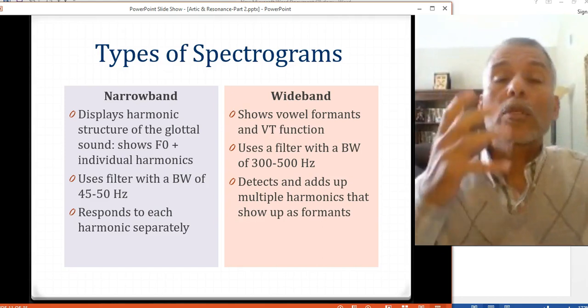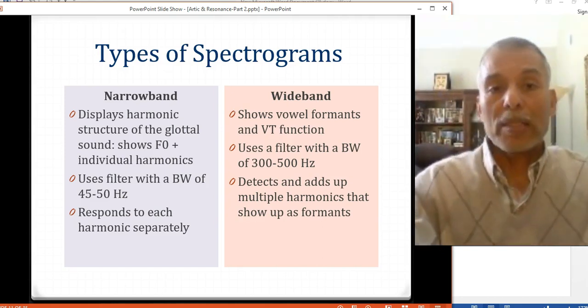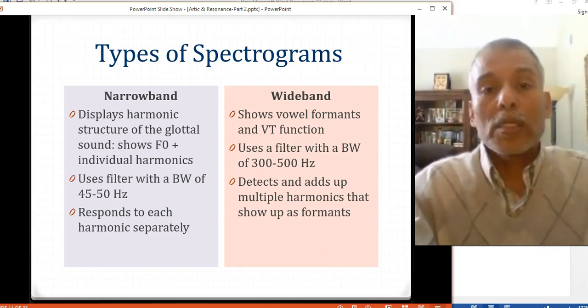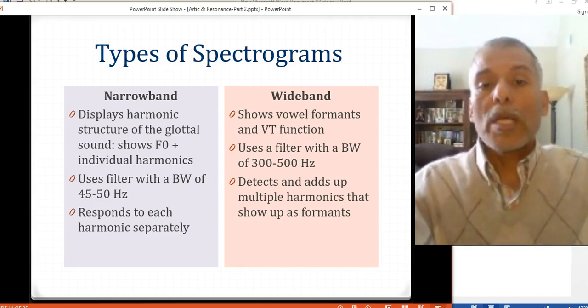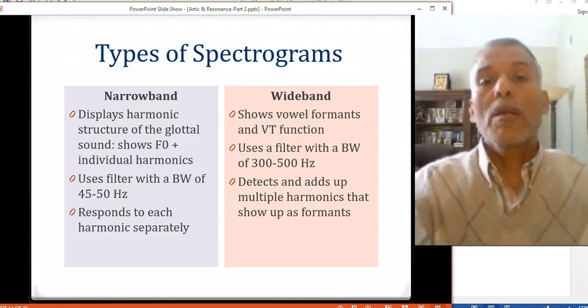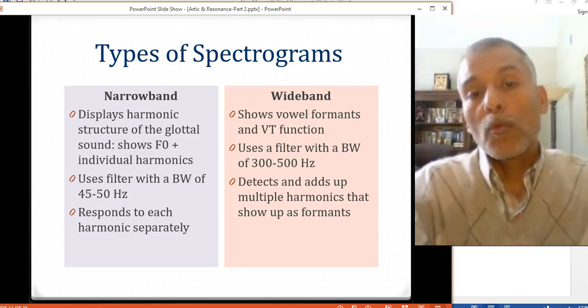Wideband is going to focus on the vocal tract itself, what is happening in the vocal tract. And it shows vowel formants as they are in the vocal tract. It uses a filter that has a wider bandwidth, a greater bandwidth of 300 to 500.